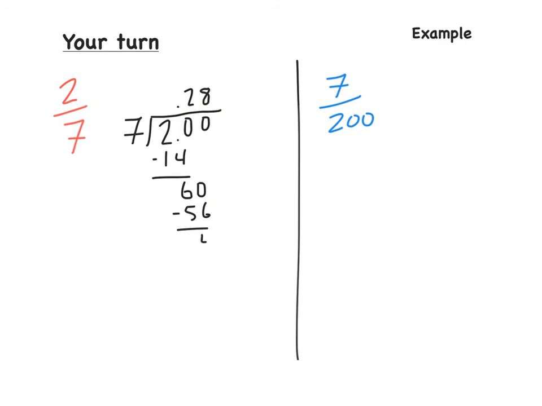Subtract those. 4. Bring down the 0. 7 goes into 40 5 times. So that's 35. That's 5 with a little left over. So 7 goes into 50 7 times, which is 49, with 1 left over.